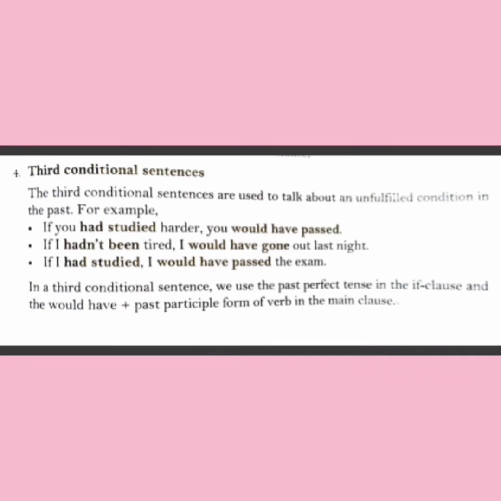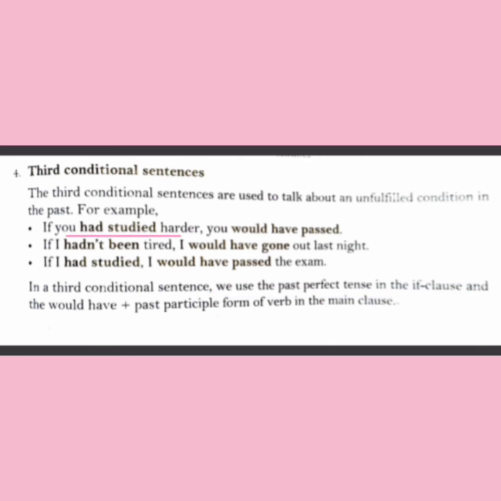Third conditional sentences. The third conditional sentences are used to talk about an unfulfilled condition in the past, something which did not happen in the past. For example, if you had studied harder, you would have passed. In a third conditional sentence, we use the past perfect tense in the if clause.